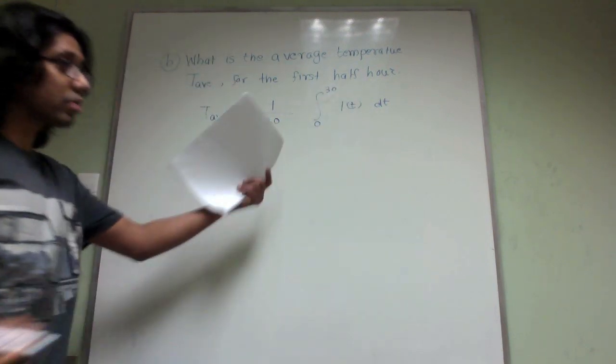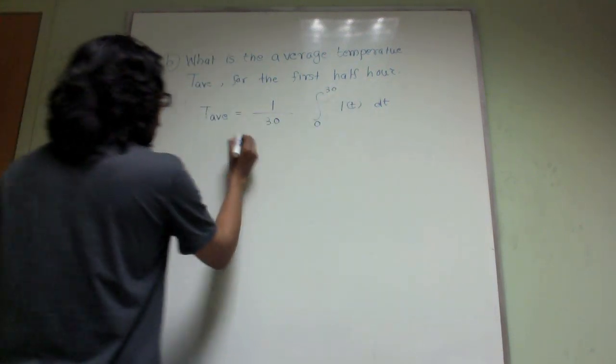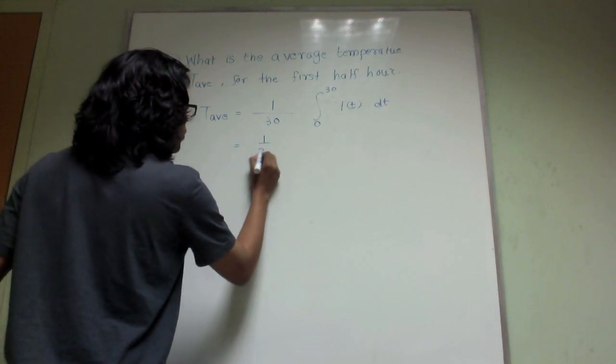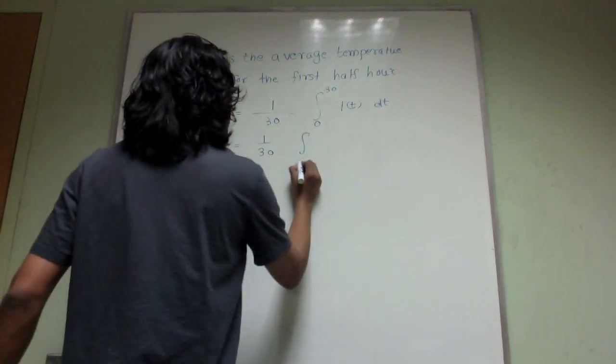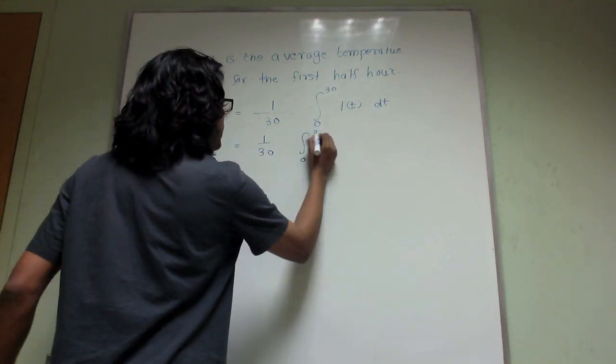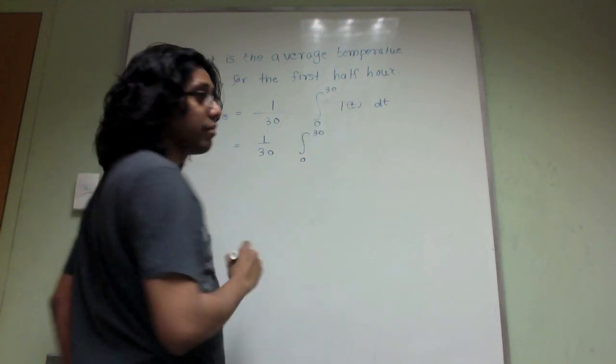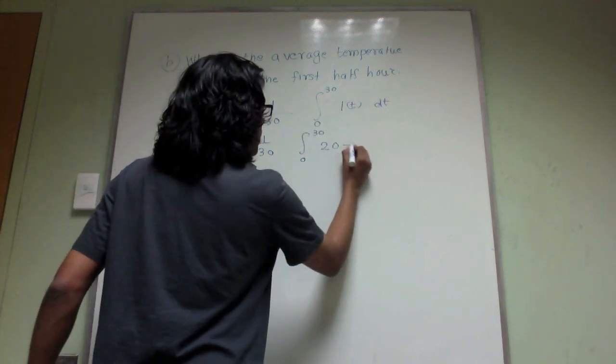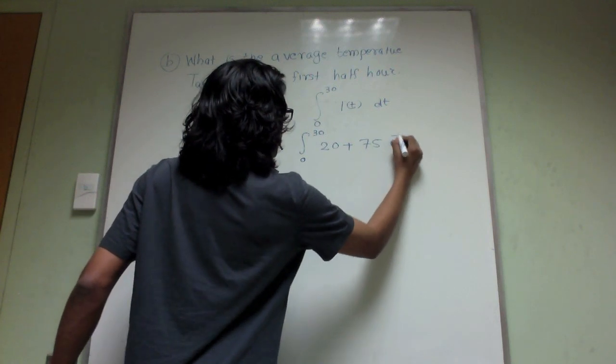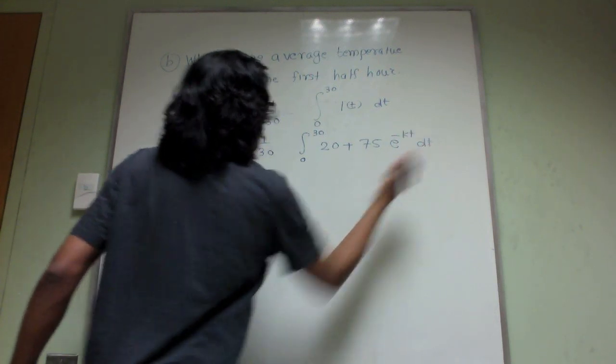So we have 1 over 30, integral 0 to 30 of Tt, which we just found to be 20 plus 75 e to the power minus kt dt.